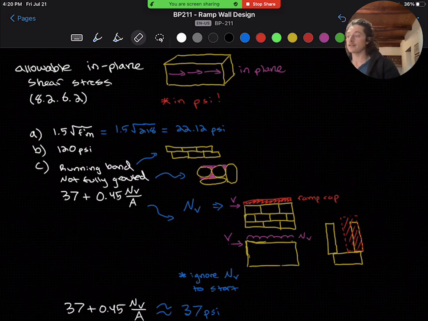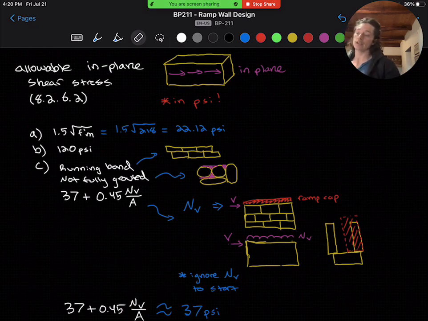And condition C is for masonry laid in running bond, but not fully grouted. Our stone masonry is placed in running bond, which is just offset pieces, but we cannot confirm it's fully grouted. So we'll use this condition of 37 plus 0.45 Nv over An, where Nv is the compressive force normal to the shearing surface, and An is the cross-sectional area.